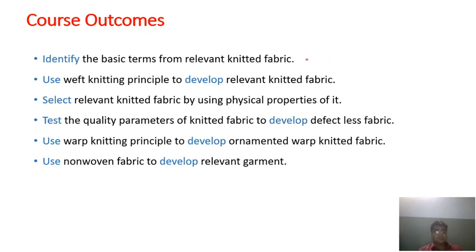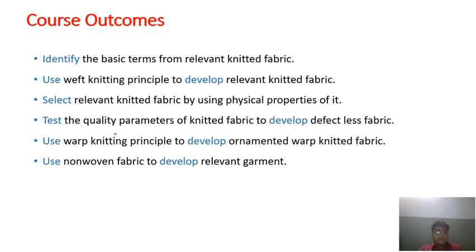Then, use weft knitting principle to develop the relevant knitted fabrics. Then, select the relevant knitted fabric by using its physical properties. So we have to consider the physical properties, and based on those we have to select the most appropriate knitted fabric.